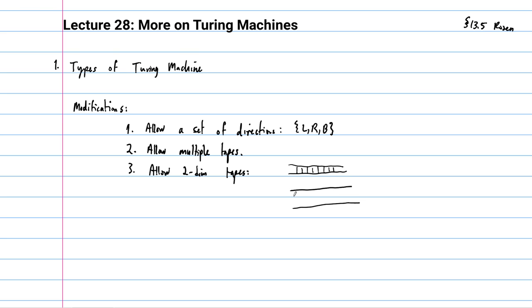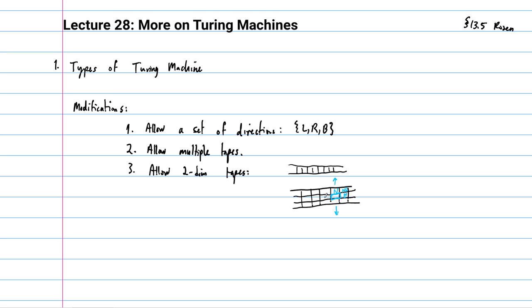So you could have something like this, and say your control unit is at this state, or it could even be infinite two-dimensional in both directions. So it could go this way and this way, but you could move then north, east, so this is northeast, etc. And so you could have 8 different motions in your direction set, and if you include the blank one, that would be a 9th direction of don't move, right?